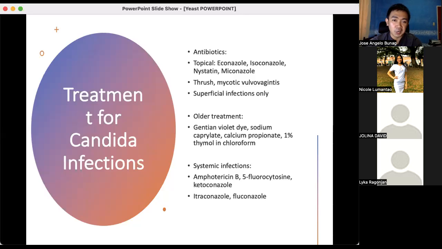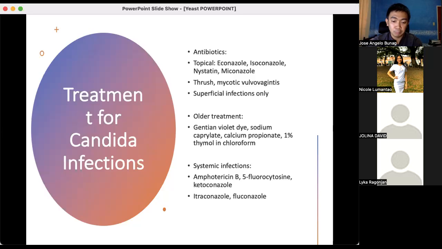Now we have your multi-locus sequence typing, or tinatawag na MLST. We also have your pulsed-field gel electrophoresis.